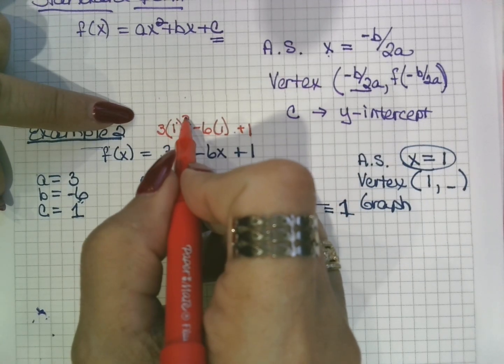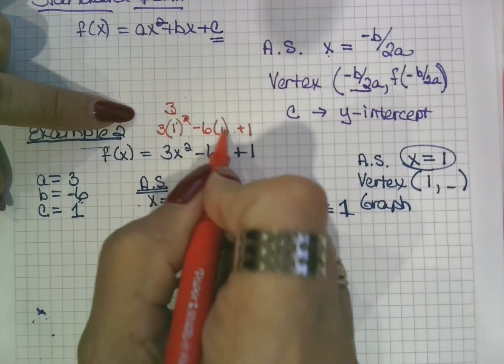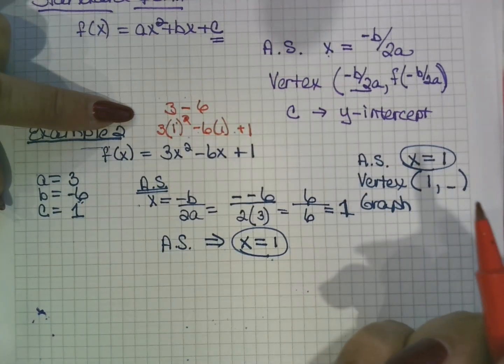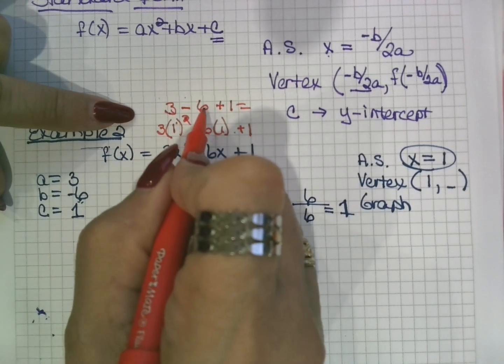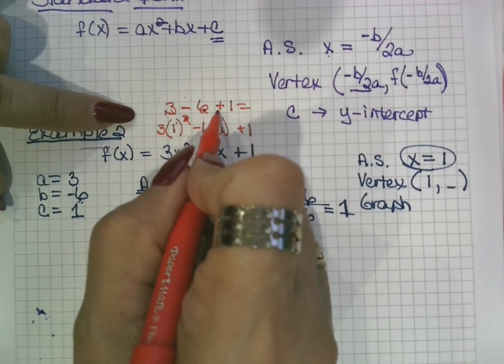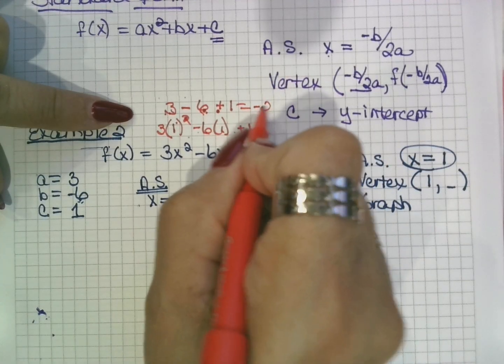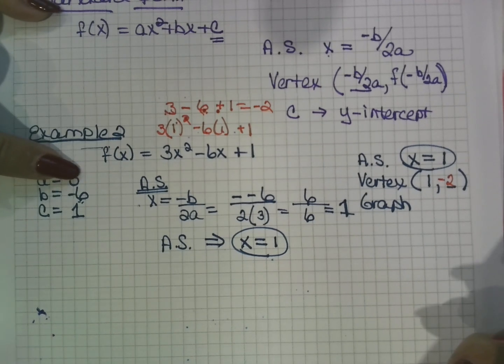So 1 squared is 1, and 1 times 3 is 3. 6 times 1, that's 6. But it's negative 6 times 1, so it's negative 6 plus 1. So 3 minus 6 is negative 3, plus 1 is negative 2, and that is the y-coordinate of your vertex.